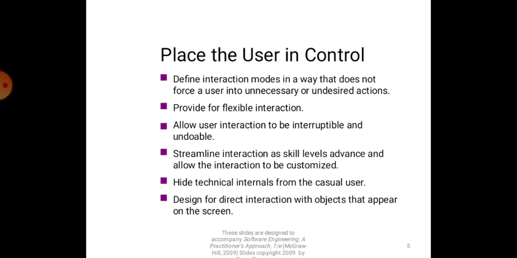Streamline interaction as skill level advances and allow the interaction to be customized. Students, users often find that they perform the same sequence of interactions repeatedly. It is worthwhile to design a macro mechanism that enables an advanced user to customize the interface to facilitate interaction. Students, macro key commands are very useful in repetitive actions.